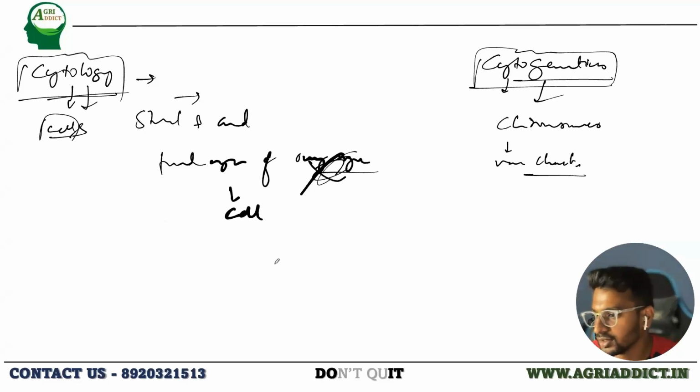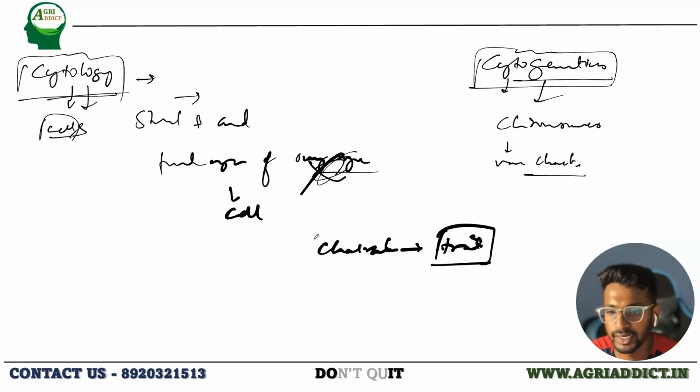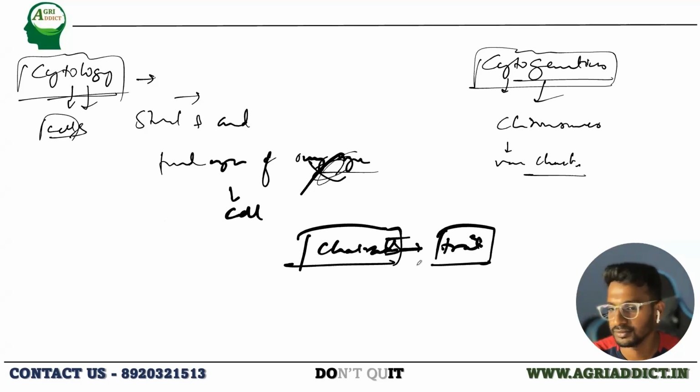Sir, are the traits and the characters the same? Who can answer this? Traits and characters. Morphological, anatomical, and physiological behavior of an organism. Yes, you are right, but that is the definition of the character.